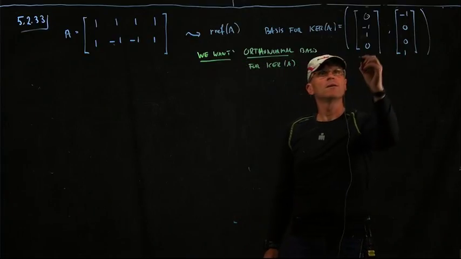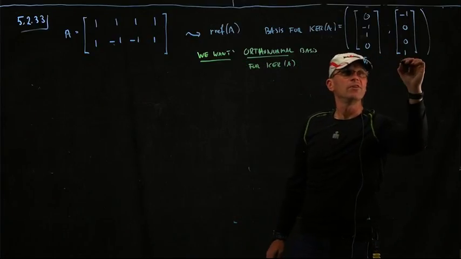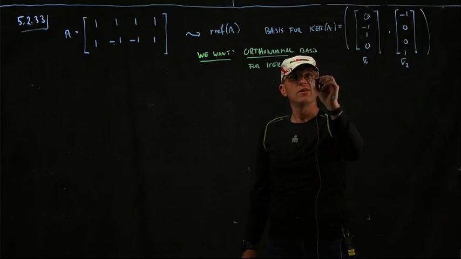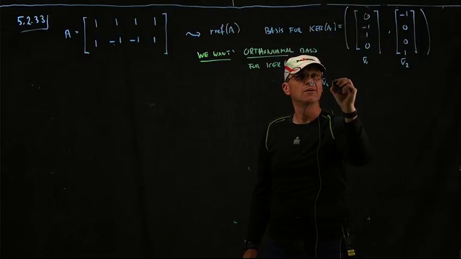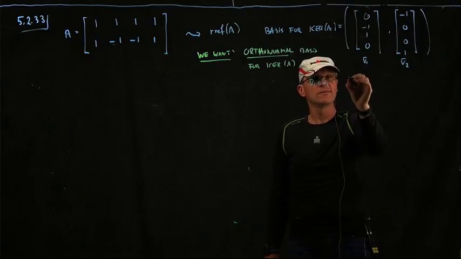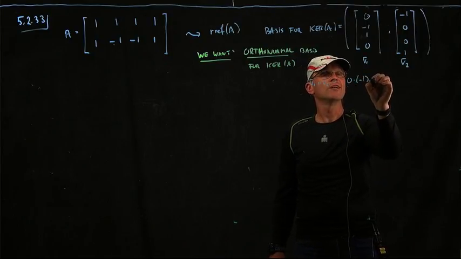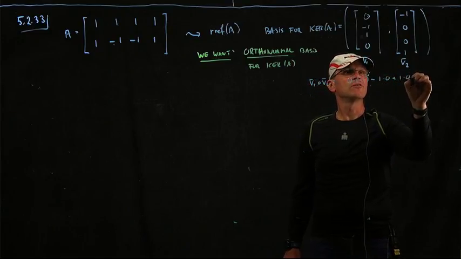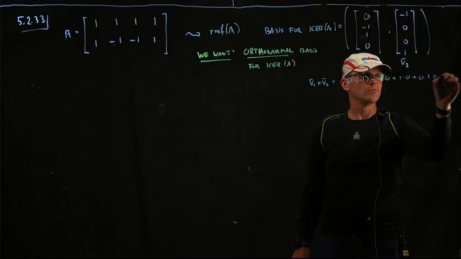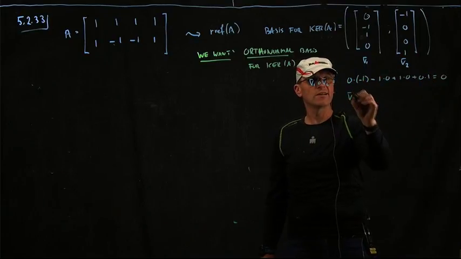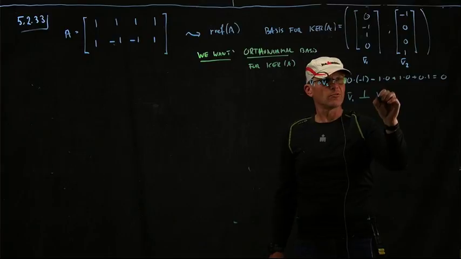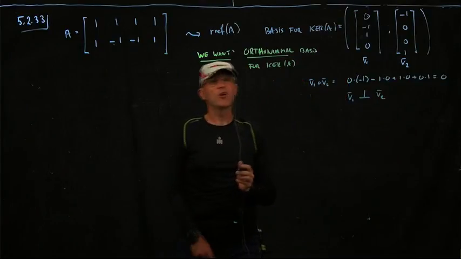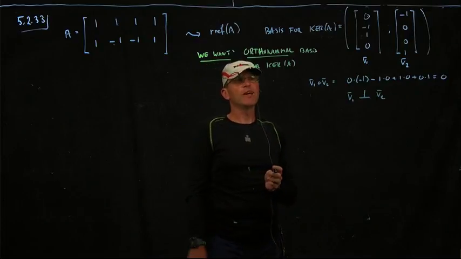So let's call these vectors v1 and v2, and v1 dot v2 is 0 times negative 1 minus 1 times 0 plus 1 times 0 plus 0 times 1, which is 0, right? So that means that they're already orthogonal. So all we have to do is make them length 1.